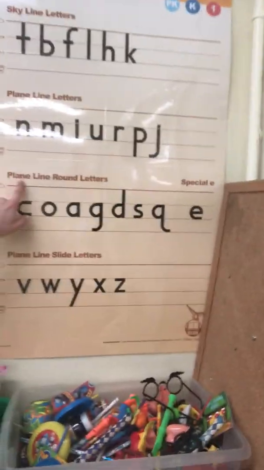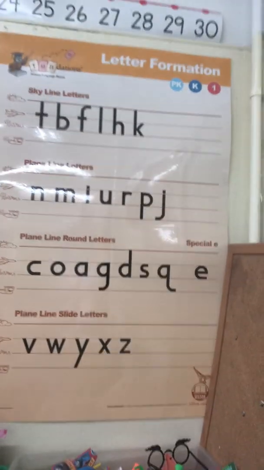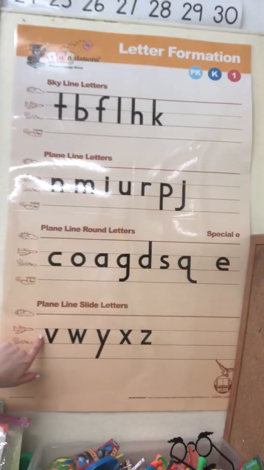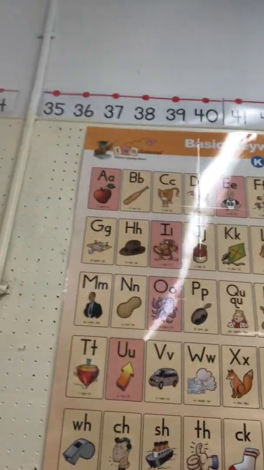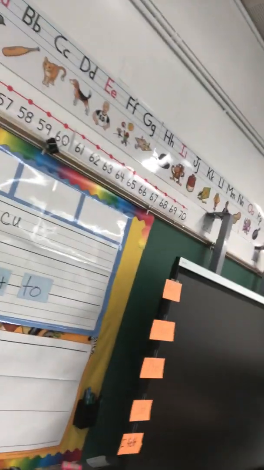Over here, we have our letter formation chart. So all the different kinds of lines, like plain line round letters, plain line letters, and how we form them and how they should look properly on the Fundations lines. This is just the basic keywords chart. We also have an alphabet up at the top of the classroom that they can use.